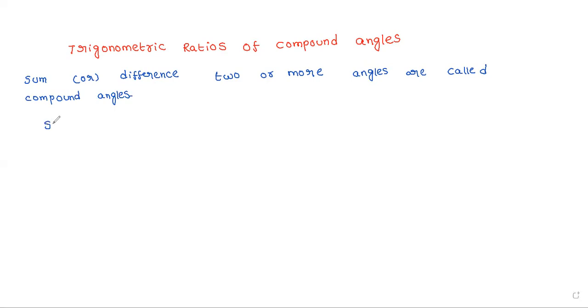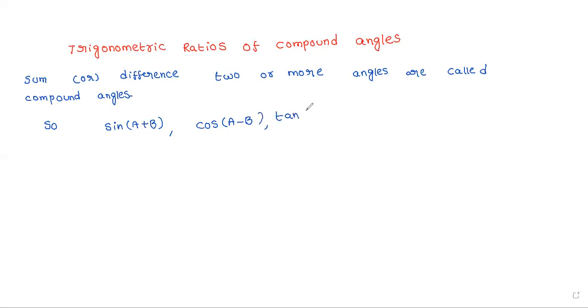So sine of a plus b is a compound angle. A plus b, okay, sum of two angles. Cos of a minus b, sine of a minus b, and so on.